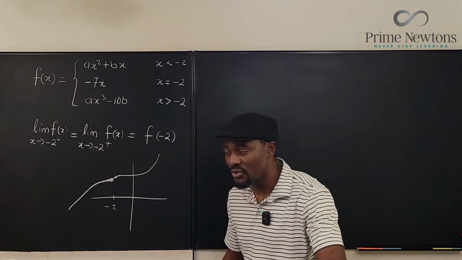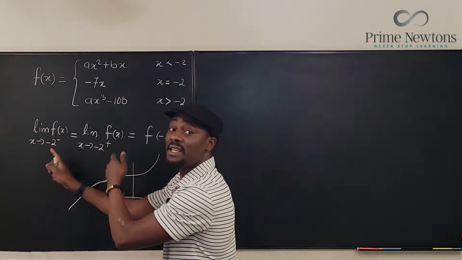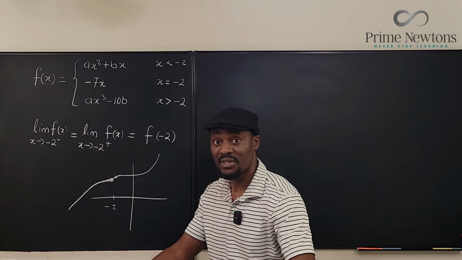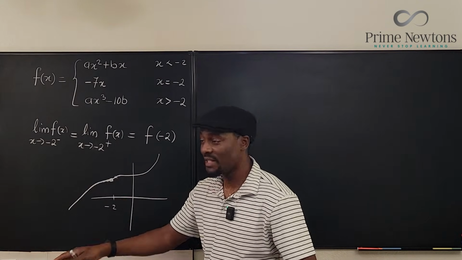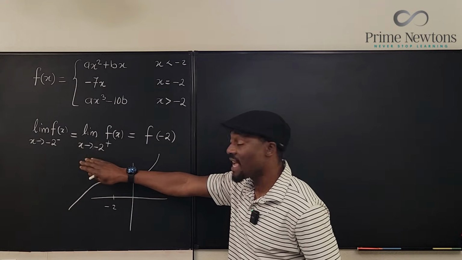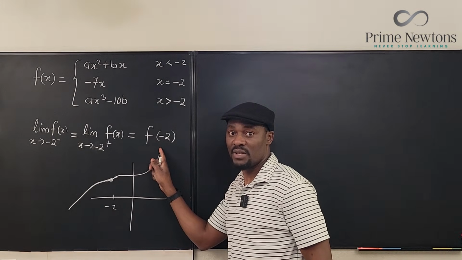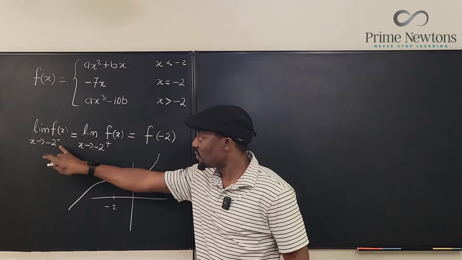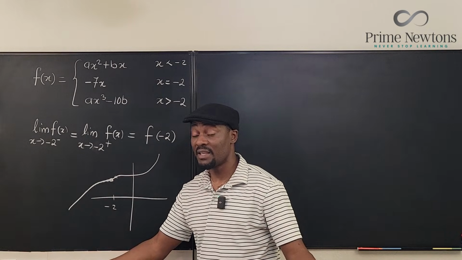Now, pay attention. If these two are equal, then the limit exists, but it still does not mean the function is continuous. If the limits are the same from the left and from the right, you have the existence of a limit. But it does not guarantee that the function is defined at that point. So this is what fills the hole. Remember, the function does not need to be defined at the point for you to have a limit existing.